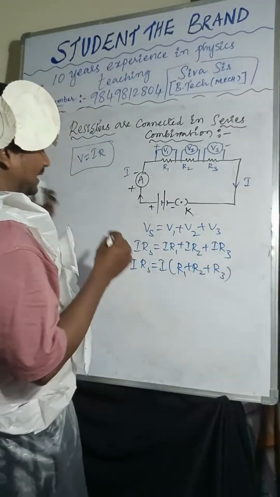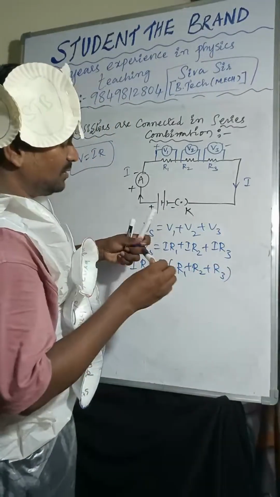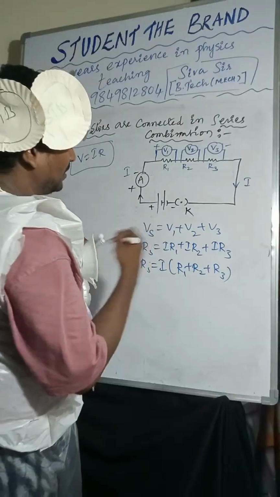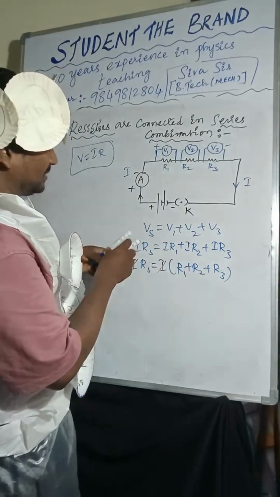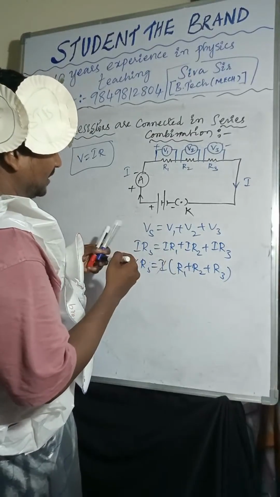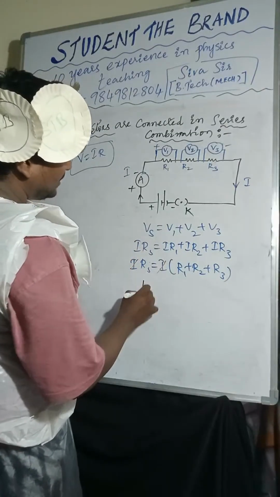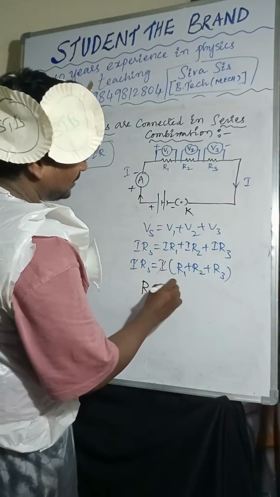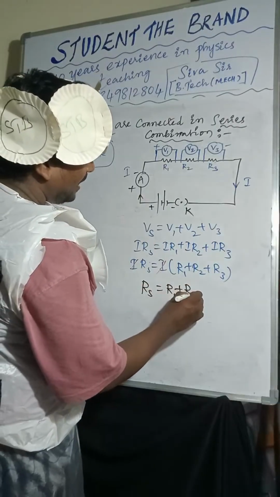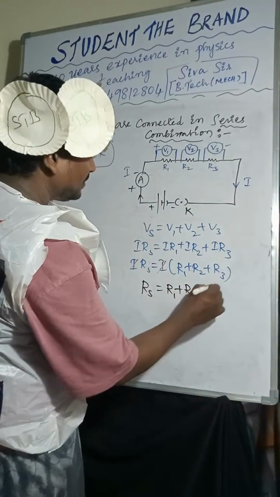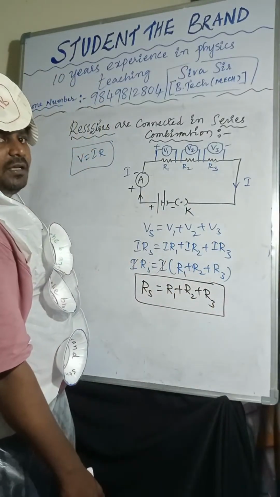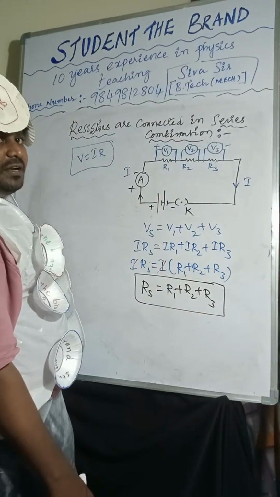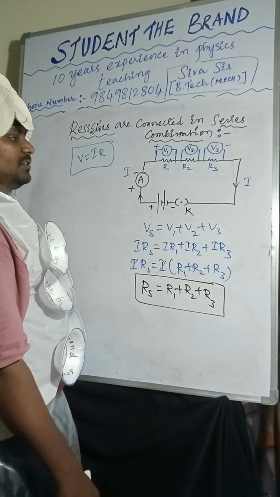The I cancels, so the remaining values are Rs equals R1 plus R2 plus R3.